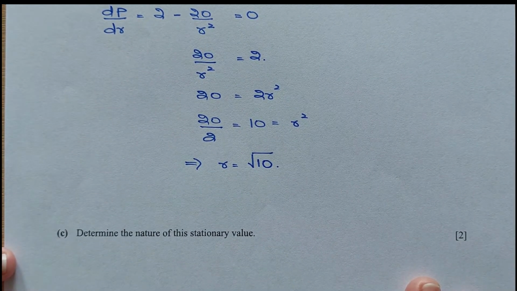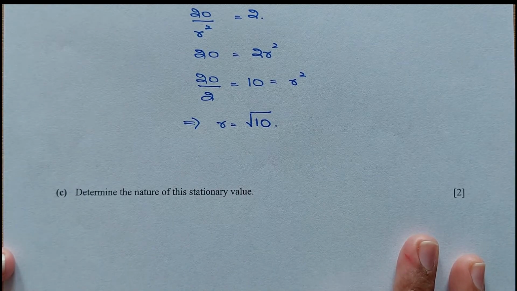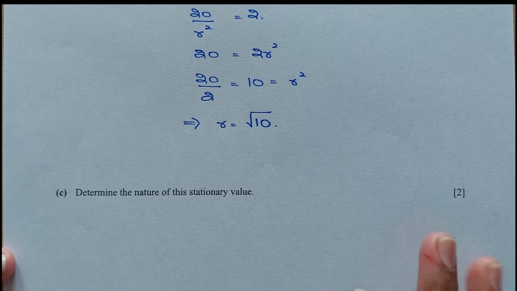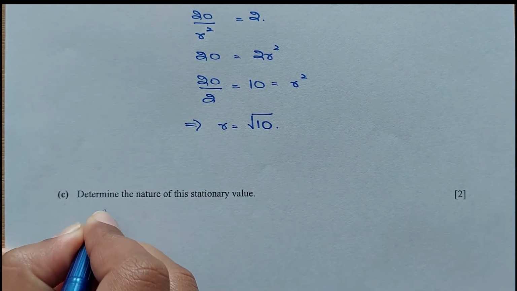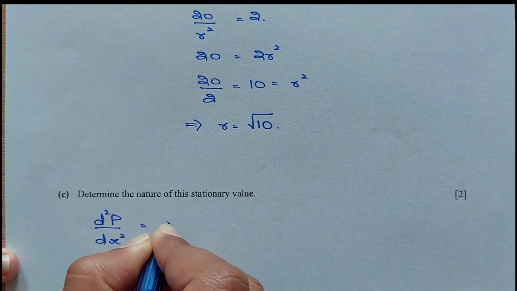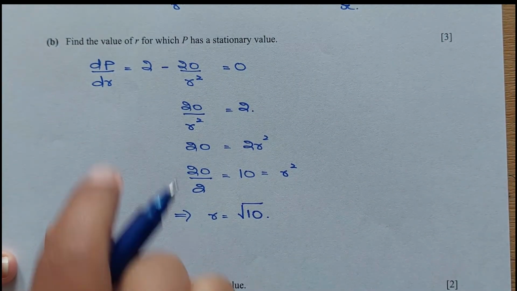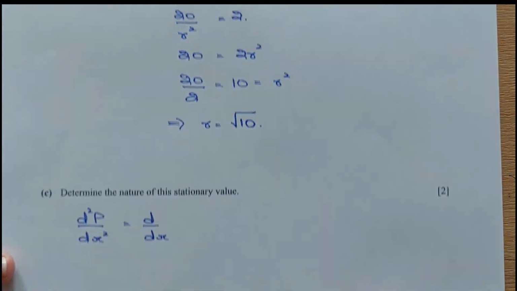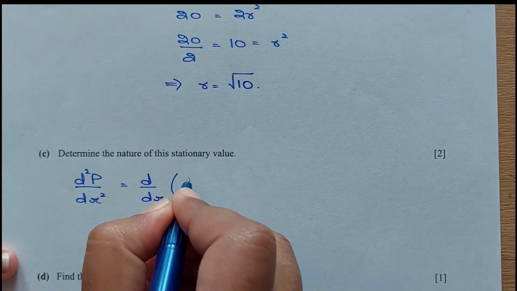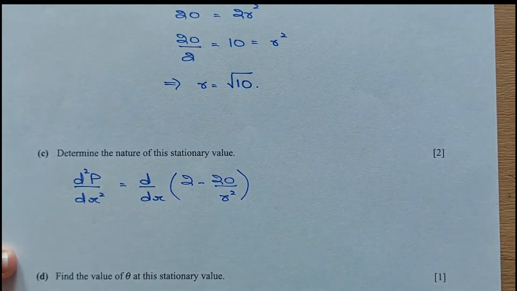Now for part C, determine the nature of this stationary point. To get the nature of the stationary point, we have to take the second derivative of p. So d2p by dr square means d by dr of this term, that is 2 minus 20 over r square. So 2 is constant, minus 20 by r square. The constant derivative is just 0.